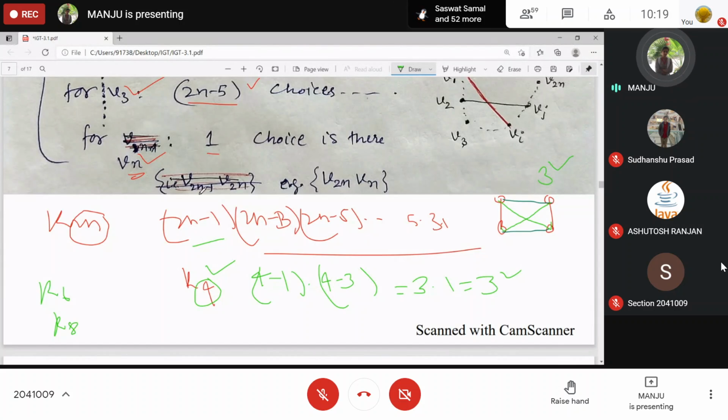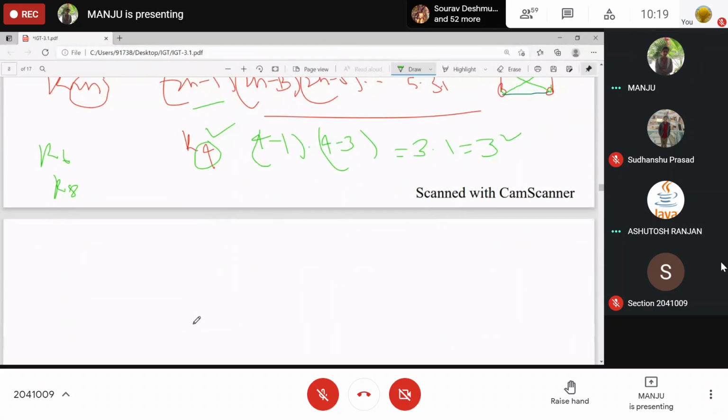According to this formula, you can just calculate it and tell me. 15 and 105. Is it?